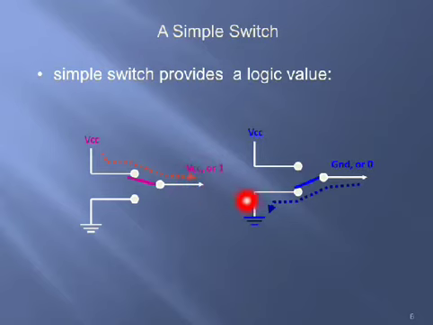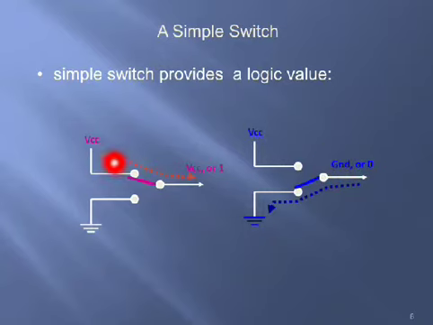Similarly, here VCC is connected and ground is connected. Here the switch is connected to ground, so that ground or logic 0 is available here. So this is logic 1 and this will be logic 0. This is how you are converting the voltage levels into logic levels, logic 1 and logic 0.